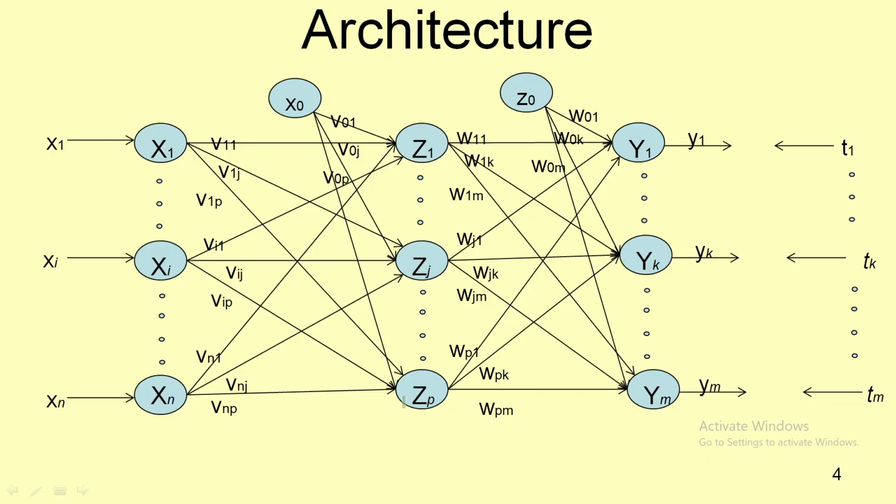So you should understand this architecture. Let me say it once again. If you look at the architecture, it is a three-layered architecture consisting of an input layer, hidden layer and output layer. In all the layers, you have a number of nodes. In the input layer, you have x1 to xn. In the hidden layer, you have z1 to zp, and in the output layer, you have y1 to ym. For all the output nodes, you have targets T1, Tk up to Tm.